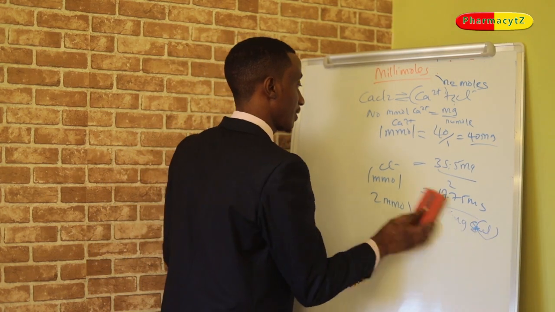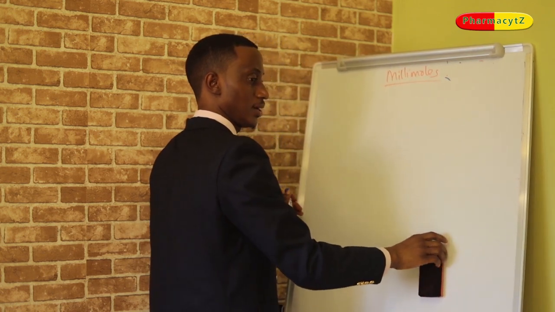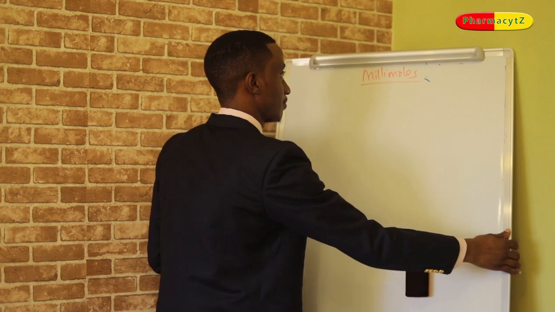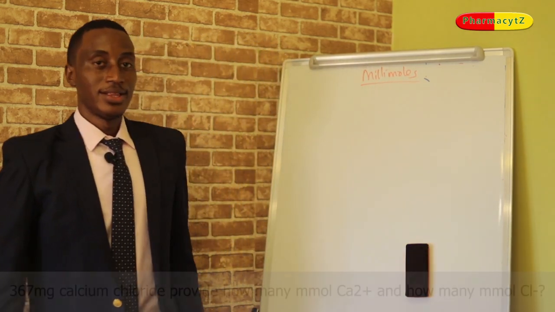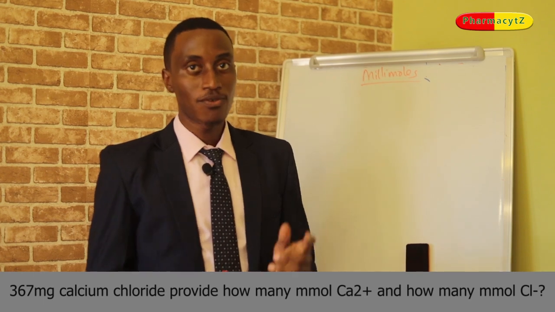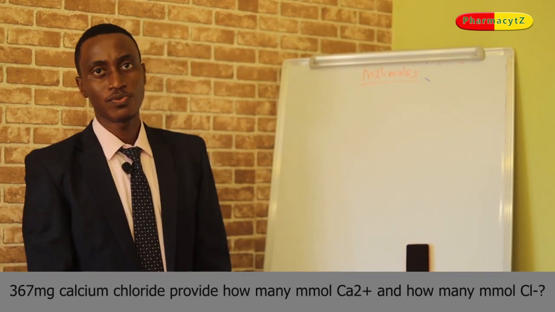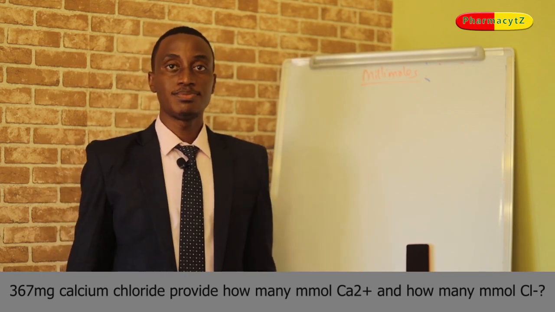Having known that, let us solve this question now. The question is asking: 367 milligrams of calcium chloride provide how many millimoles of calcium and how many millimoles of chlorine? So it is simple like this.